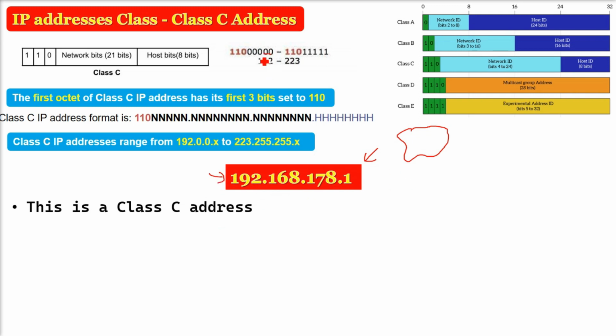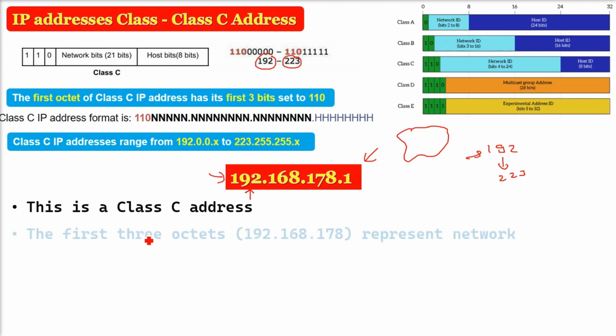Because for class C, the first octet starts from 192 and ends with 223, both inclusive. 192 is there in the first octet, so it is a class C address, because the first octet defines the class.